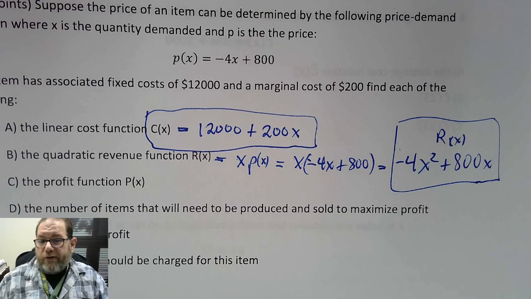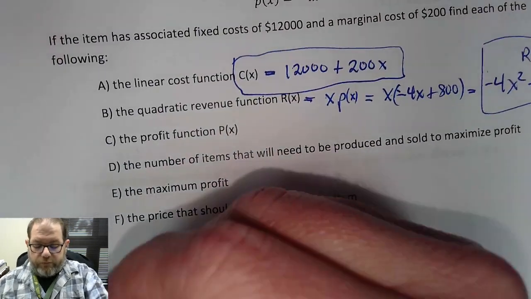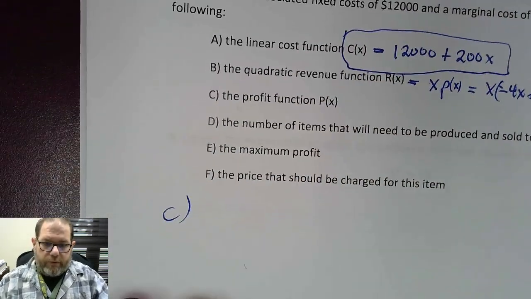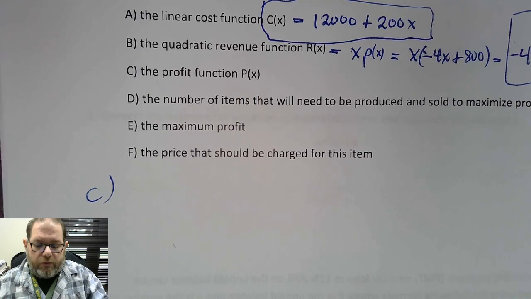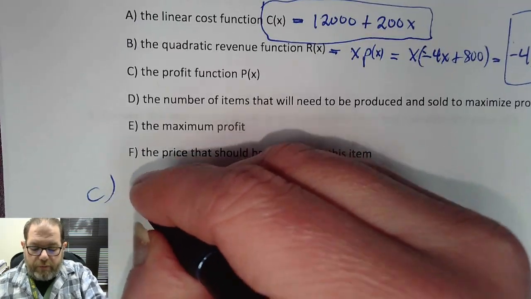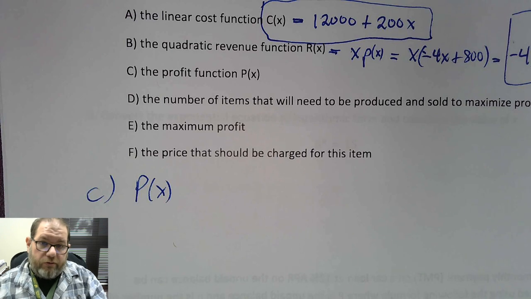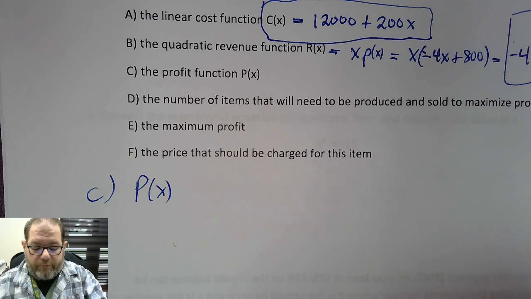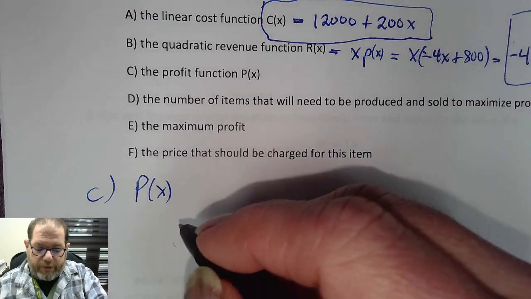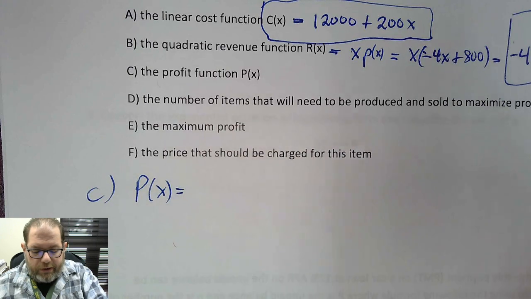So now part C, they want us to find profit. Let's come down here. So our profit, P of x, capital P of x now, not lowercase p, that's price. It's a little confusing that we use both letters in the same set of equations, but you kind of get used to it, I guess.